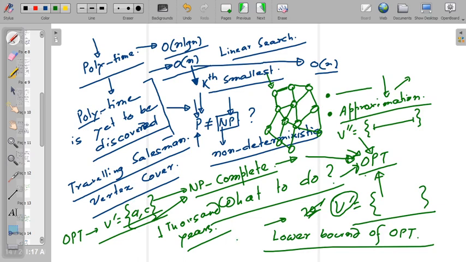So that is called the lower bound of the optimal solution, and with a clever trick we can deduce this V prime set.